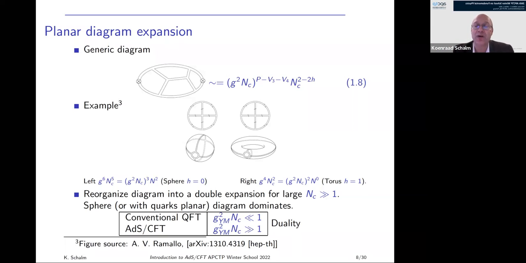This is what allows us to access the strongly coupled regime of the CFT using the AdS theory, okay? Vice versa, of course, the CFT in its perturbative regime accesses the strong curvature regime of gravity. And this is why this object is a duality. It describes the same physics, but from 2 very different perspectives. And that's really the power of AdS/CFT.